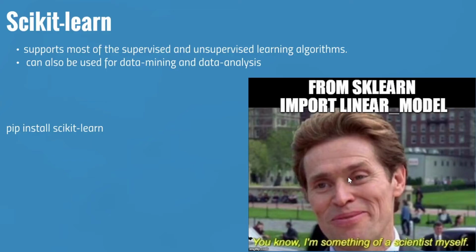It supports most of the supervised and unsupervised learning algorithms. It is also used for some sort of data mining and data analysis. Again, the installation process is very simple: pip install scikit-learn.